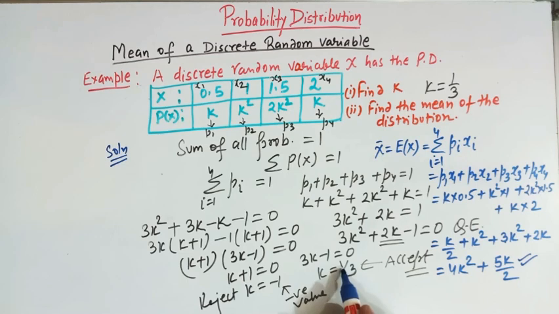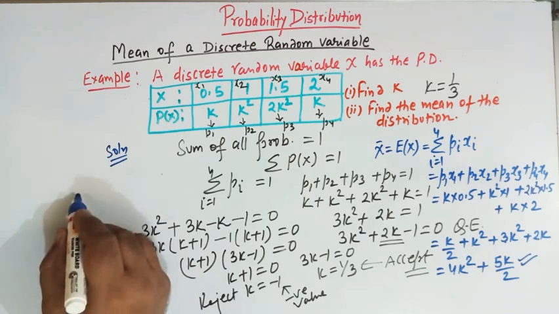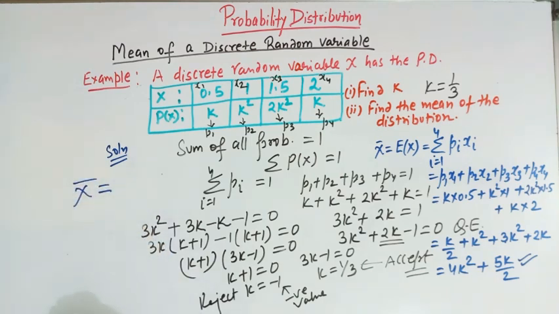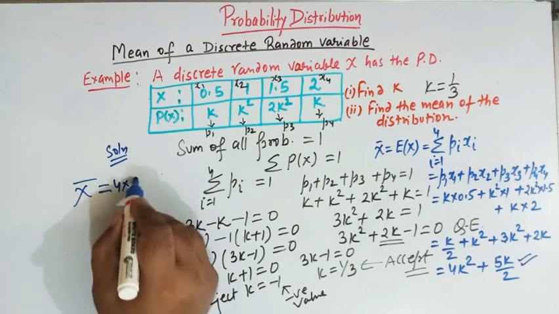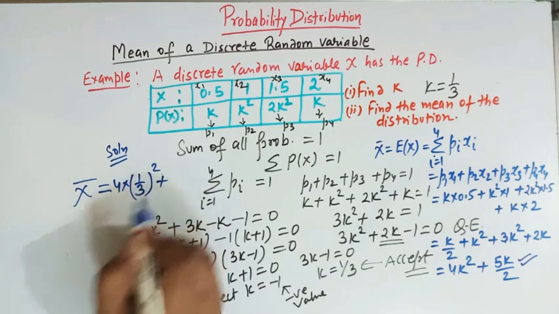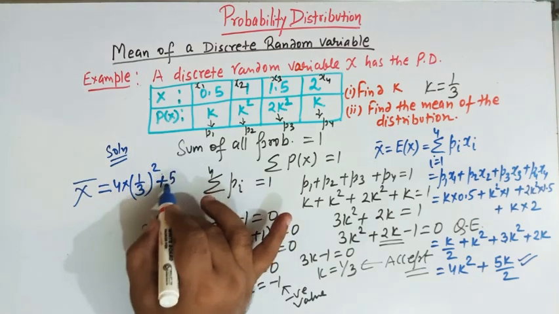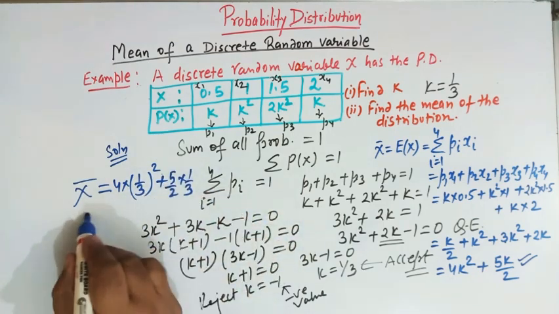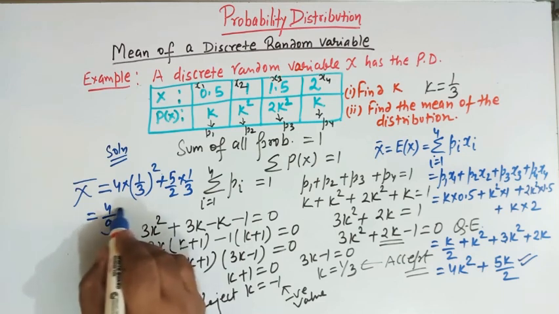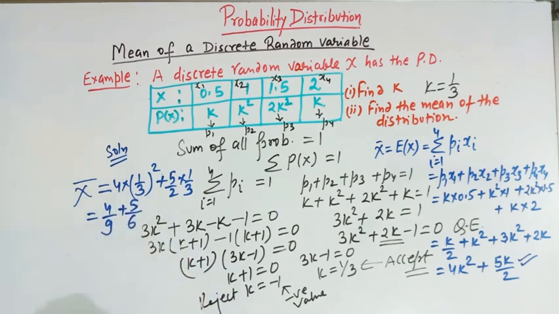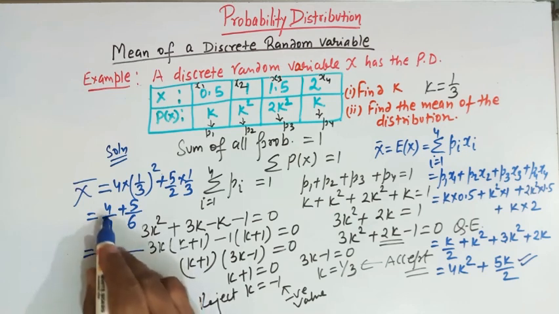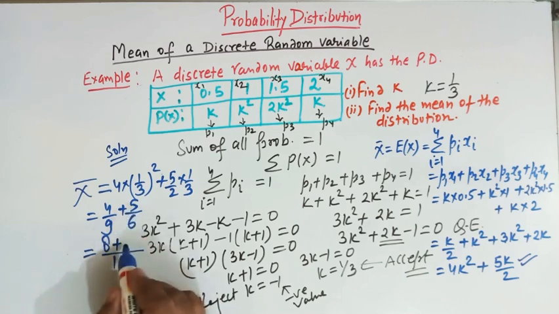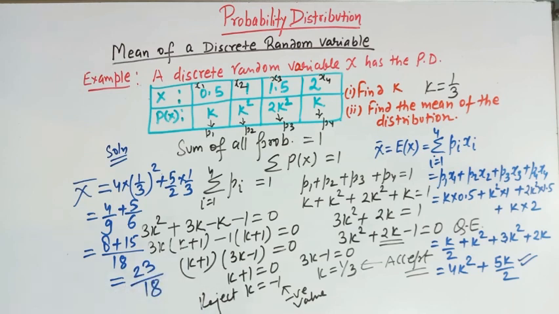Now k is 1 by 3, so we'll substitute k is 1 by 3 in this expression. So the mean x bar is equal to 4 times 1 by 3 square plus we have 5 by 2 times 1 by 3, and this is 4 by 9, and this is 5 by 6, and if we take the LCM, then we have 18 as the LCM. 9 2s are 18, 2 4s are 8, 6 3s are 18, 3 5s are 15, and this is 23 divided by 18.